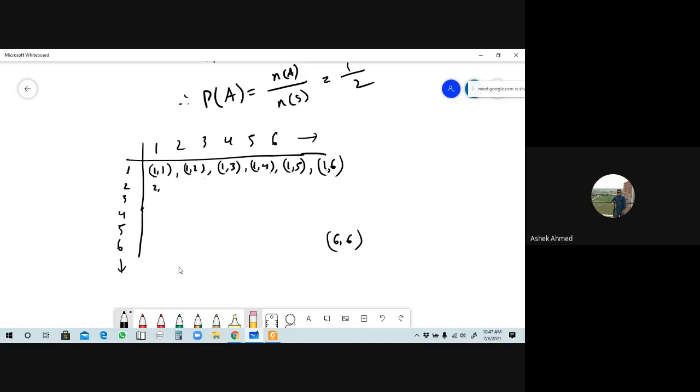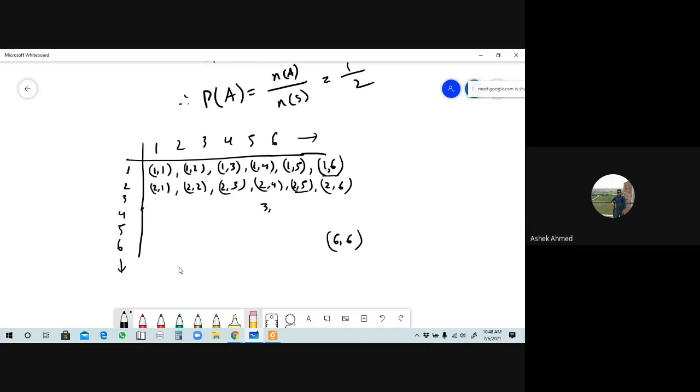For the second row, it will be 2,1, 2,2, 2,3, 2,4, 2,5, and the last one is 2,6. Tell me how many outcomes give 7. Sir, only one, 2,5.